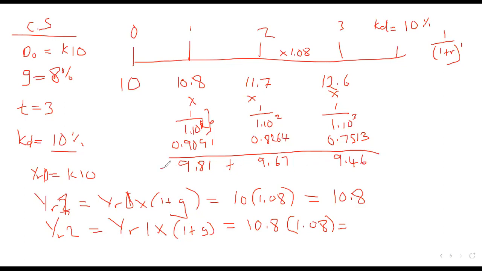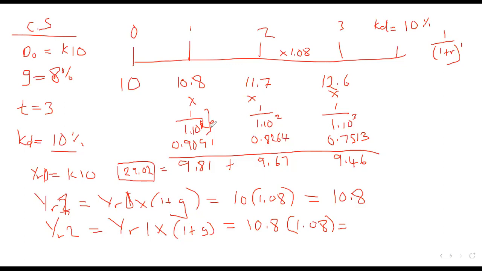We add all these three. What are you getting? We get 29.02. So this is the value of stock for the first 3 years.